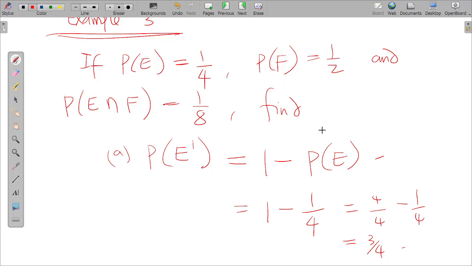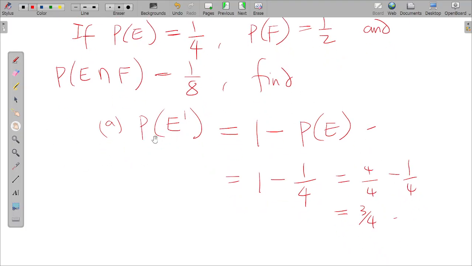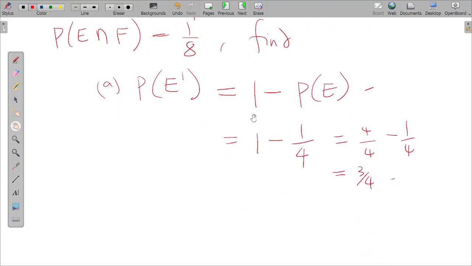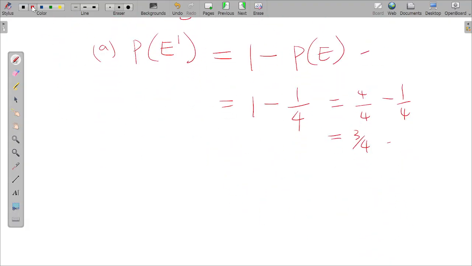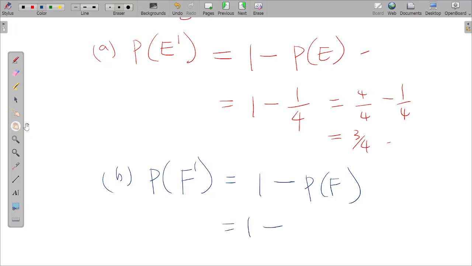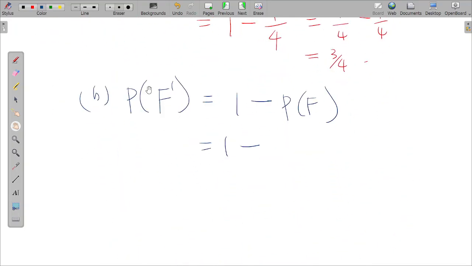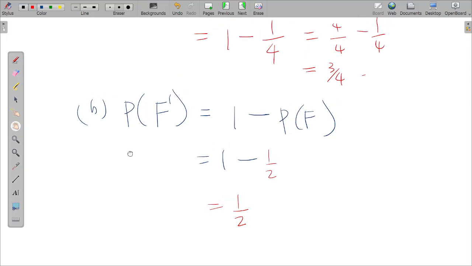That is the probability of E complement. If we want to find the probability of F complement also, that will be 1 minus P of F, which is 1 minus half, which is half also.